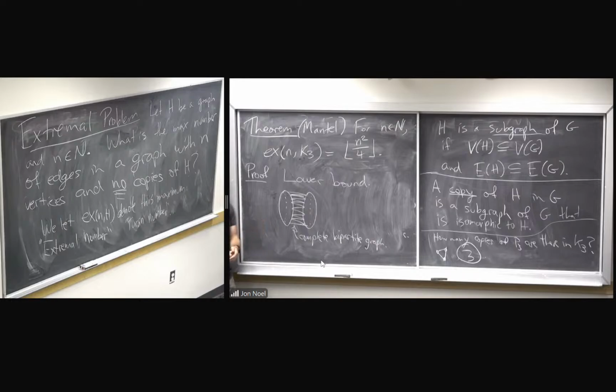Going back to calculus, when you were trying to make a rectangle, the number of edges is going to be the number of vertices on this side times the number of vertices on that side. The number of vertices adds up to n. If you want the product to be as big as possible, you want these numbers to be as close as possible. Unfortunately, not all numbers are divisible by 2. So the best we can do is put floor of n over 2 on this side, ceiling of n over 2 on that side.